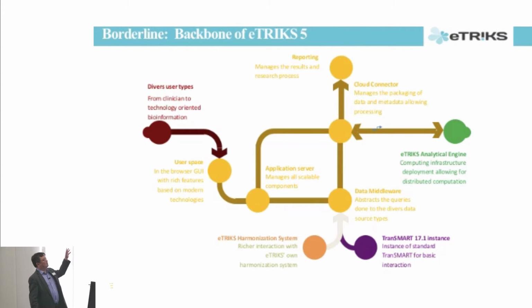So this is the Borderline architecture. I will not go into detail because Florian will have a big talk on this. I don't take his slide. So this is really talking about how you have a diversity of user types, and different user types may use different systems. And you have a Transmart 17.1 instance, you have EHS. This is for data management, and this is for analysis.